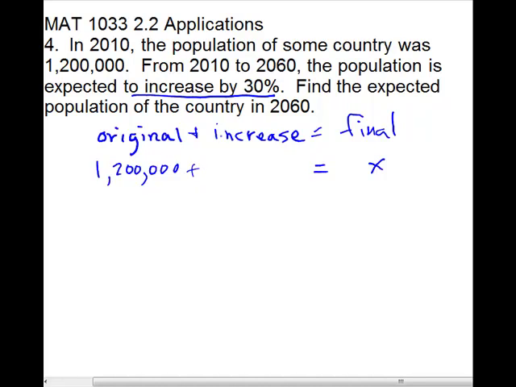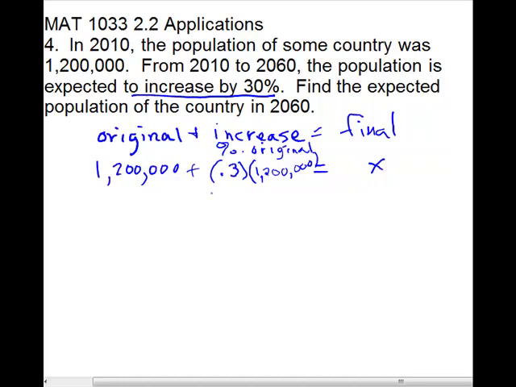Our increase, remember, is percent times your original. So this is going to be 30%. Drop the percent and move the decimal 2 places to the left. So 0.3 or 0.30, it's the same, times your original. And I didn't leave enough space here, so I'm going to squish it. Right, you have to follow order of operations.